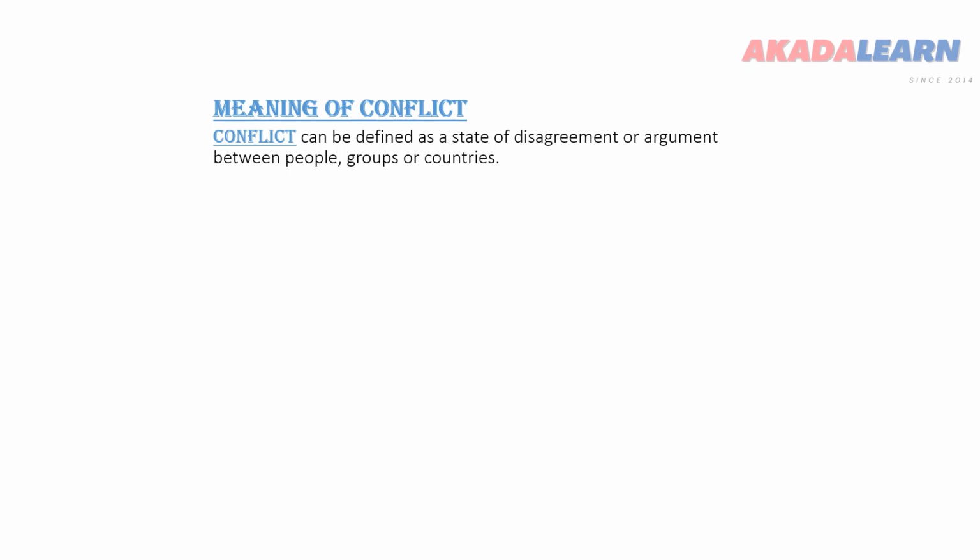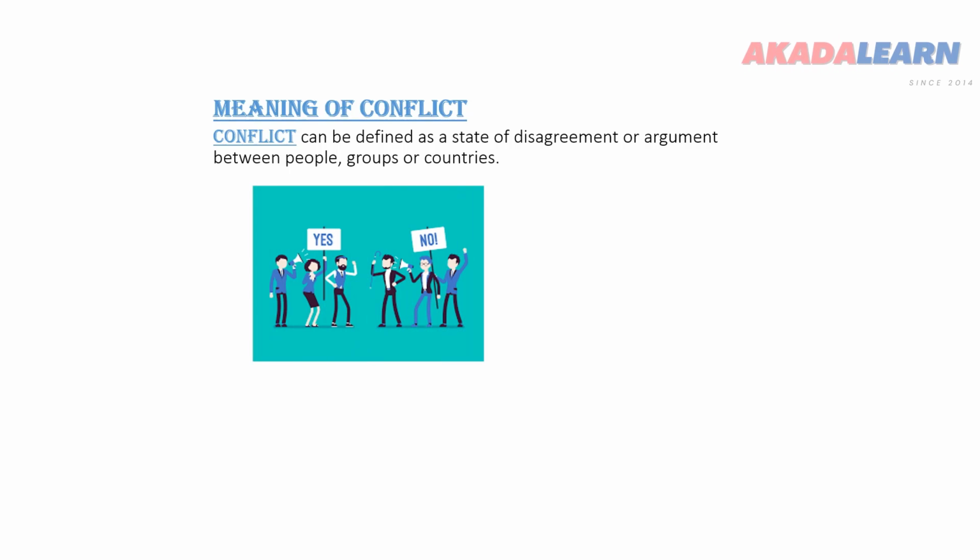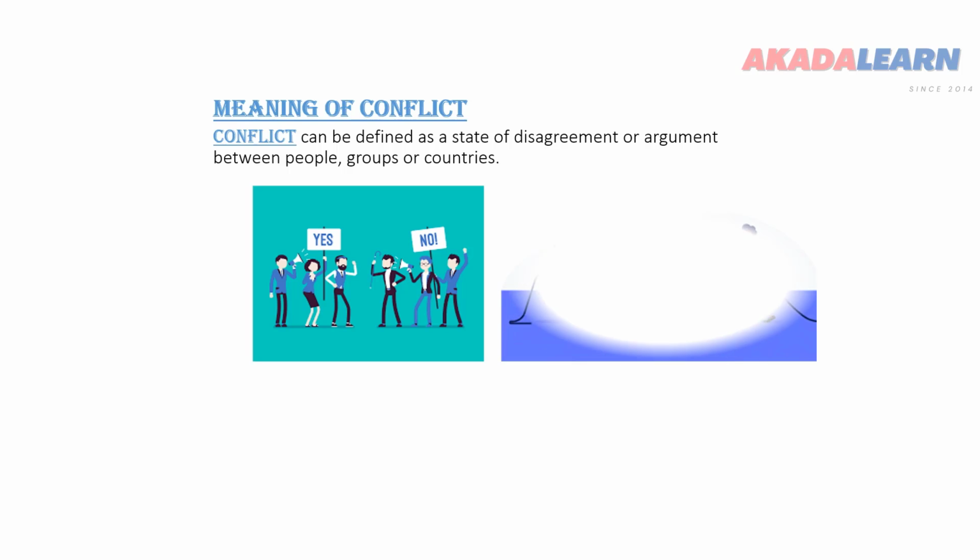We fight, we disagree, we argue, even as people, even as a group, even as countries. These are some group of people. Some are saying yes, while others are saying no. It shows that there are different sides of a coin.